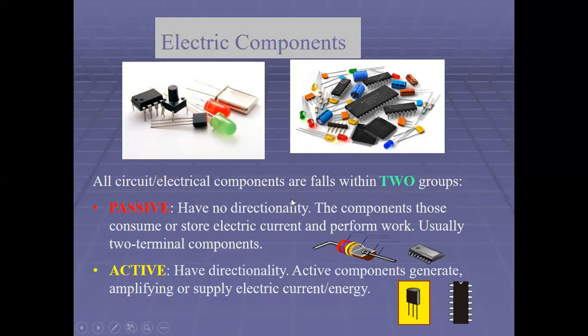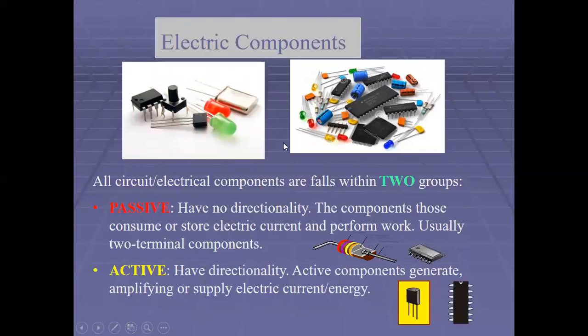All circuit electrical components fall within two groups. What are those? Either passive or active. What are the passive components or devices? They have no directionality. They are components that consume or store electric current and perform a specific work.